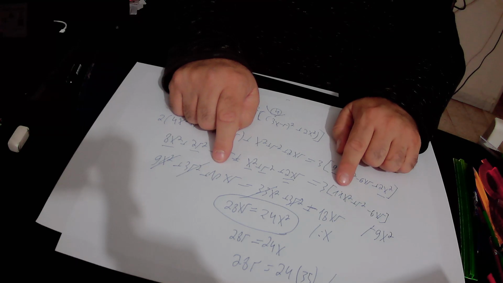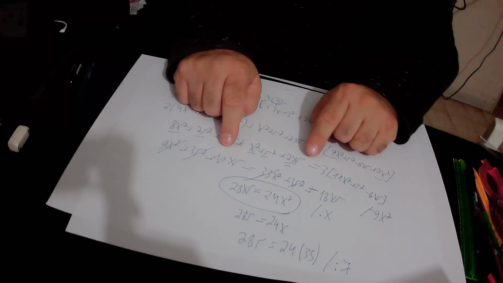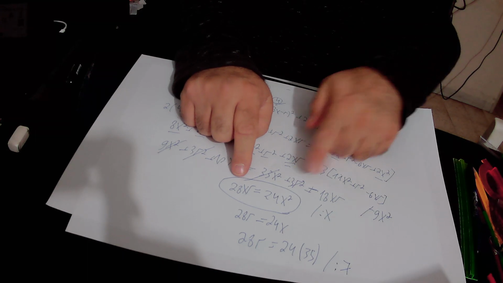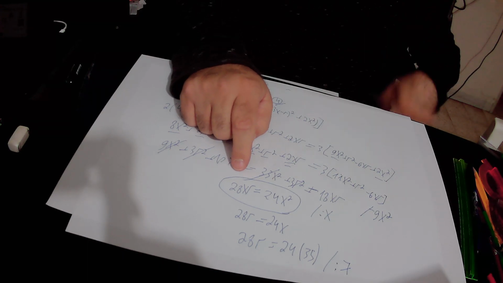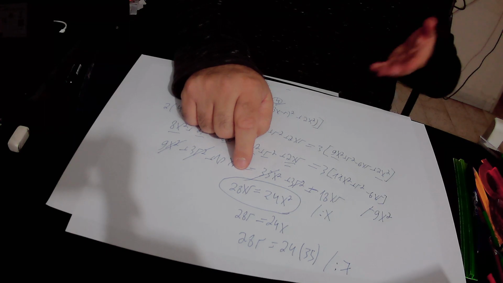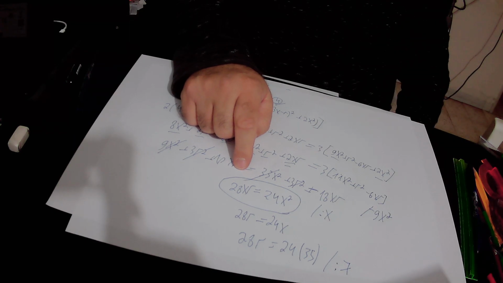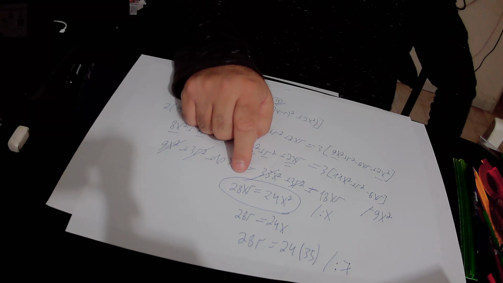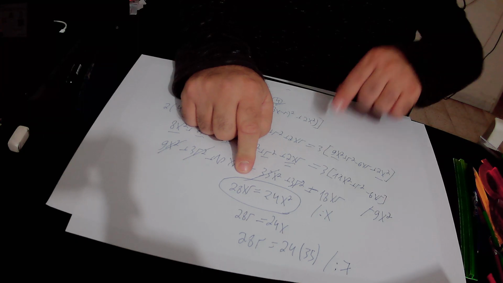In conclusion, we found out that what is left from the equation is that 28xr equals 24x squared. Here we divided this equation by x. x equals 35, so it is not 0, therefore it is allowable to divide the equation by x. So we divided this equation by x.